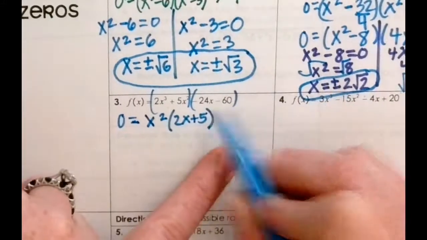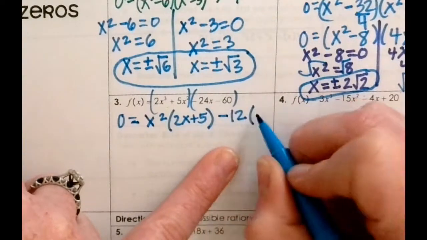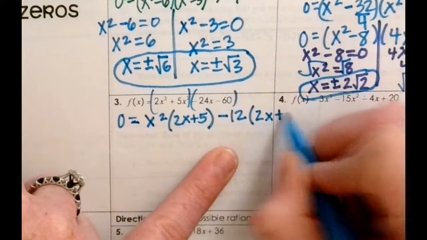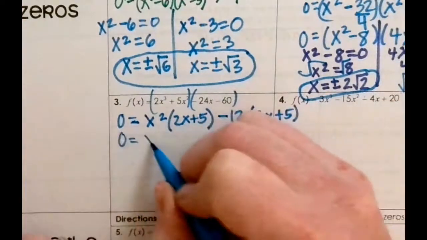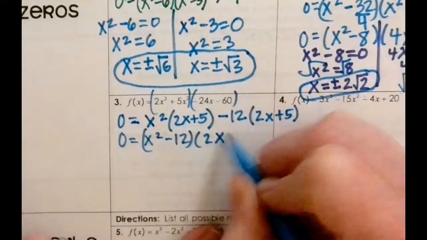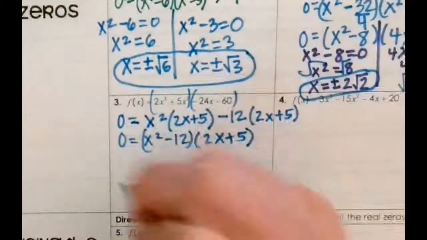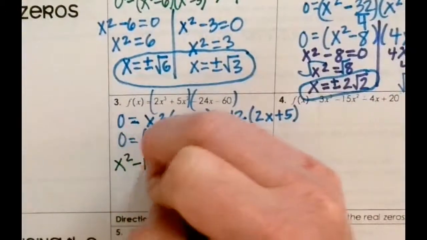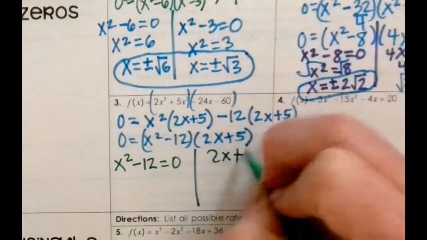And then the next set of terms is negative 12 is the GCF. 2x plus 5. Cool. So then we'll have 0 equals x squared minus 12 times 2x plus 5. Cool. That's ready to split up into 2 different equations.